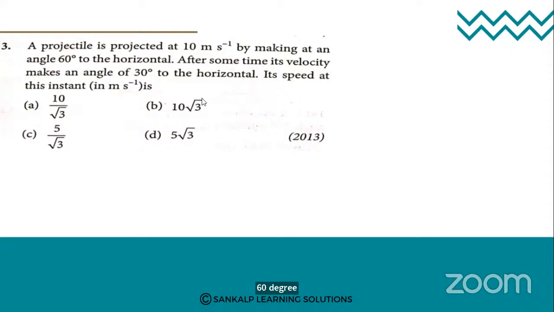After some time, its velocity makes an angle of 30 degree to the horizontal. Its speed at this instant is. So here you need to calculate the instantaneous velocity.